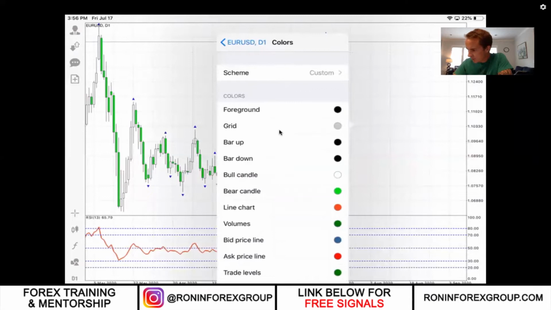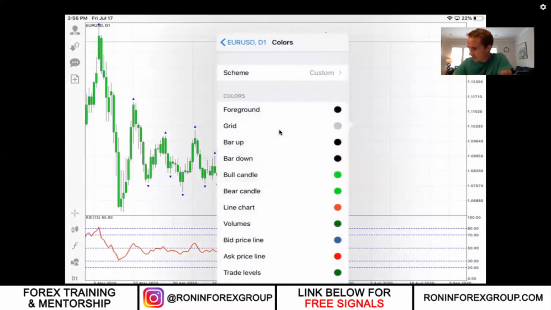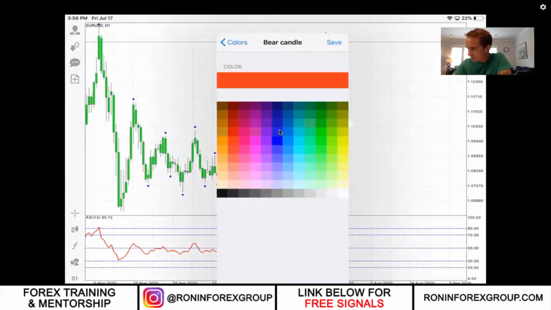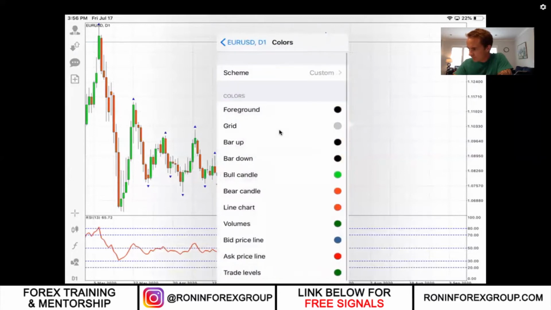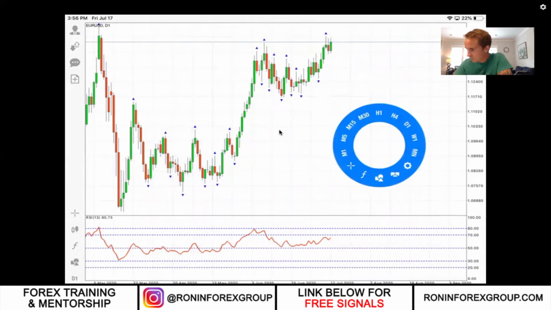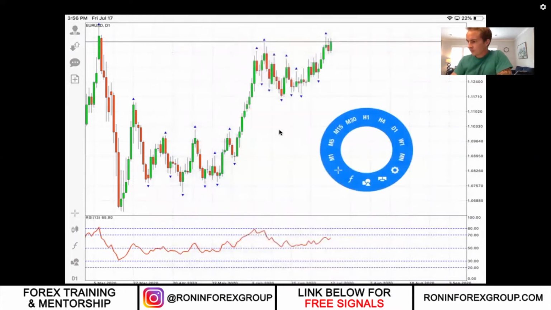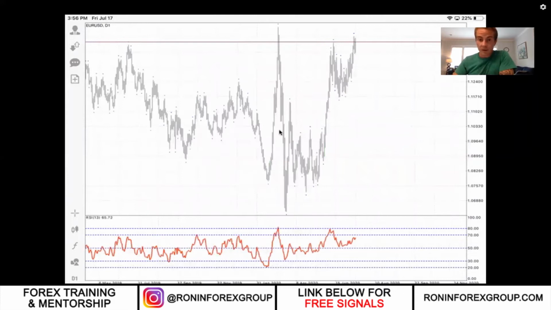Oh wait, okay, hold on. Green for bull candle, save. Bear candle, red. There we go. Ask price. All right, and that's how I set up my MT4.